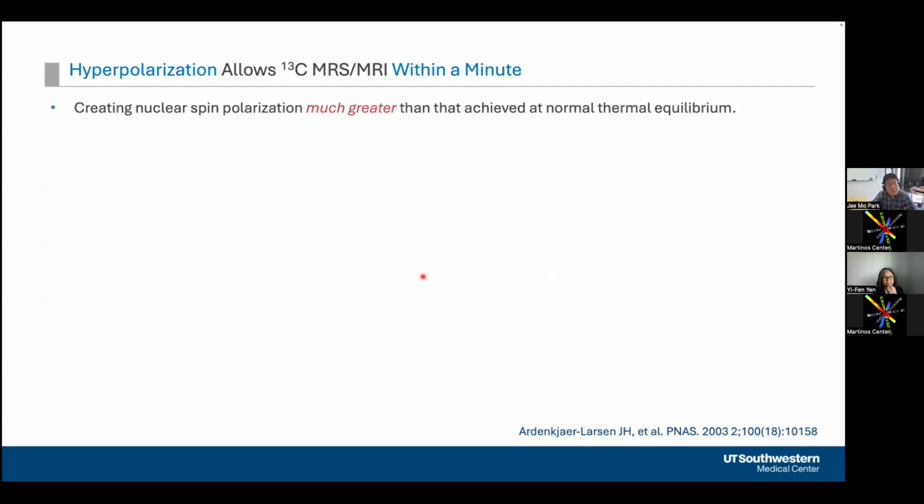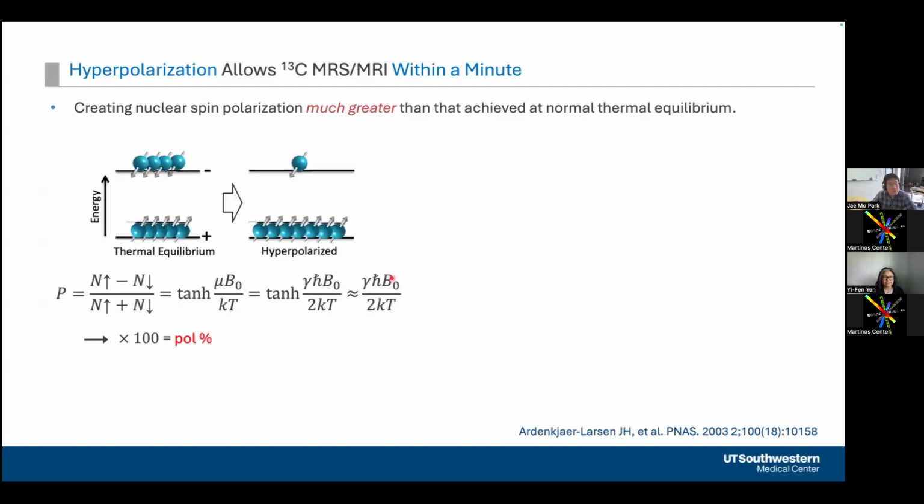Because hyperpolarization allows carbon-13 MR spectroscopy or imaging or spectroscopic imaging within a minute, usually a maximum of a couple of minutes, for various reasons. So what is hyperpolarization? Hyperpolarization is creating nuclear spin polarization much, much greater than can be achieved at normal thermal equilibrium.